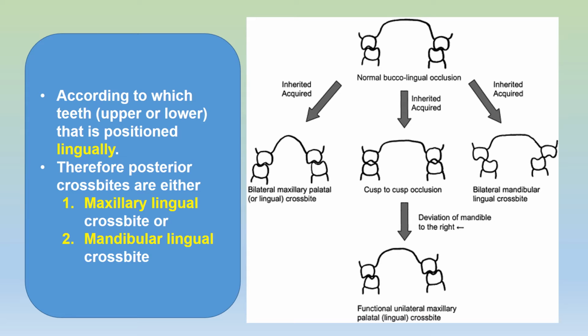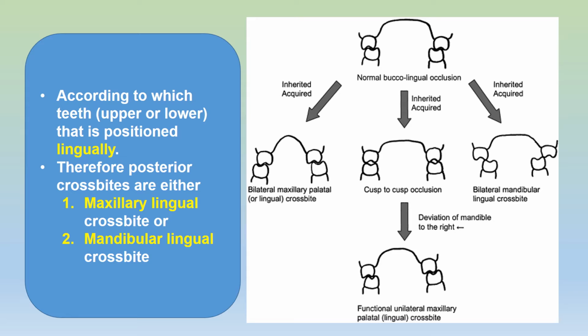Now there is another way of naming the crossbite, and this is to define it according to which arch is positioned lingually. Under this way of definition, there are two types of posterior crossbite.